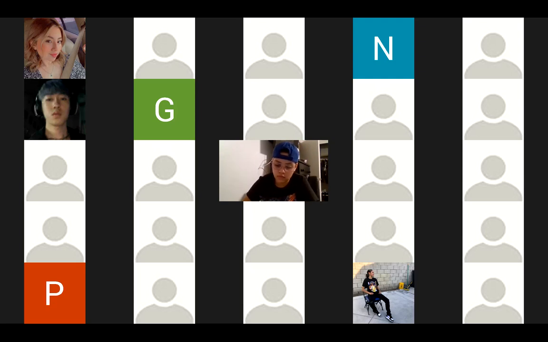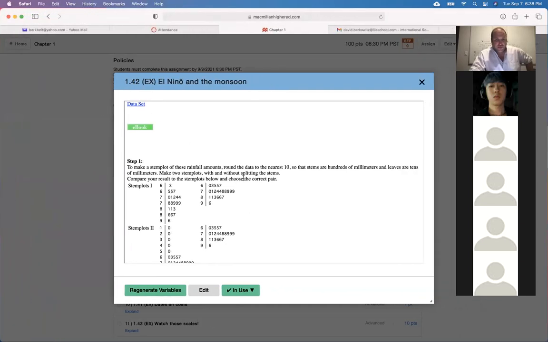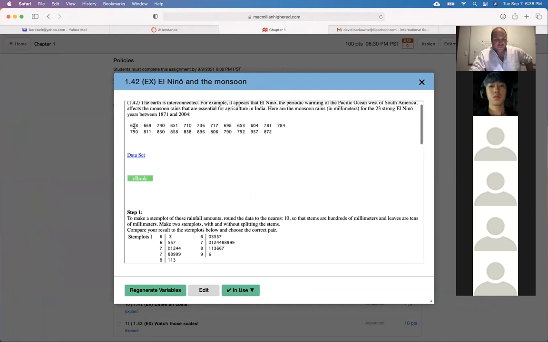So I'm going to share my screen for a second. Okay, it says to make a stem plot of these rainfall amounts, round the data to the nearest 10. So 628 would round to what? 630. Right, and we want the stems to be hundreds, and we want the leaves to be tens. So 6.3 would be 630, and 6.5 would be 650.